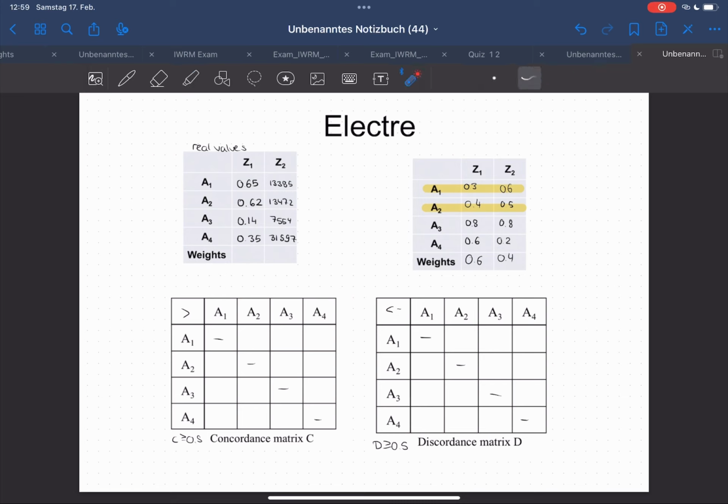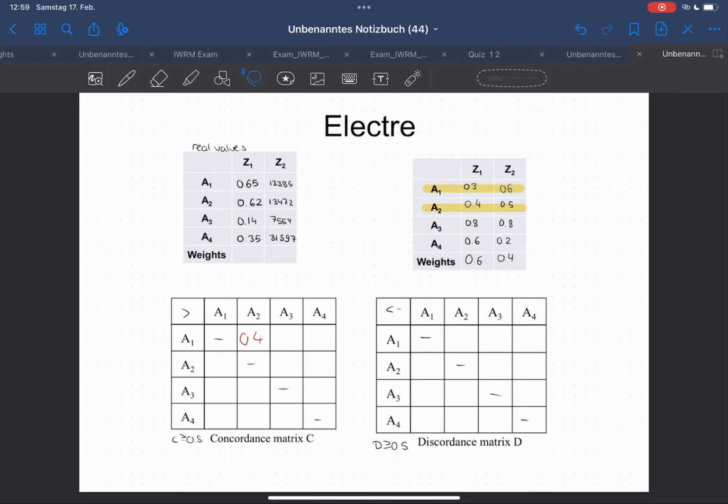And if it is taller than A2 in the two columns, then we sum them up, so then it's 1. So for example, in this case, A1 is taller than A2 only for the criteria 2, and therefore we just put in 0.4.